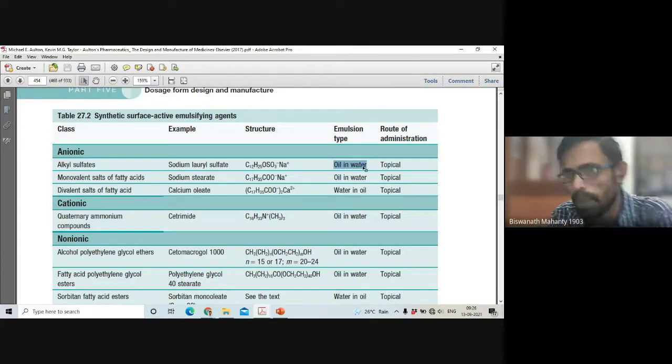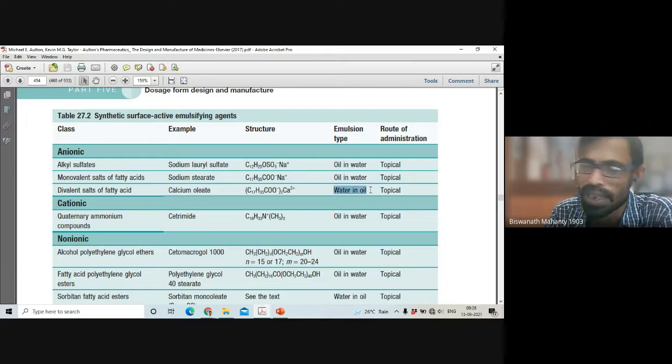So it will prepare oil in water emulsion. Similarly, if I am using some oleate group, oleic acid salt, then it will produce the opposite one, a water in oil emulsion. So it likes oil more.